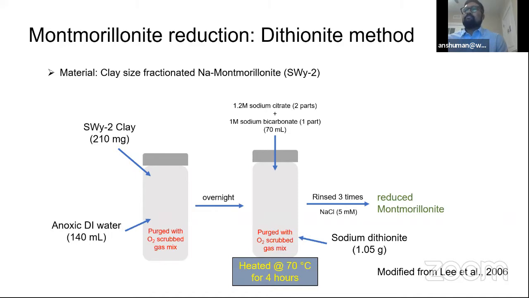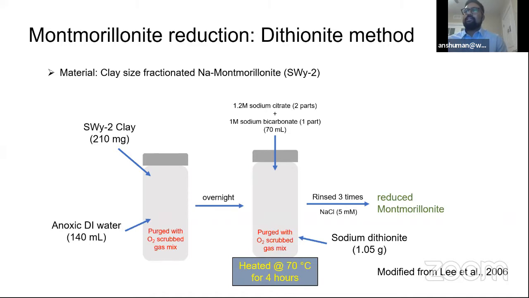We do all our experiments inside the glove box, which is basically an anoxic chamber with no oxygen, a mostly nitrogen chamber, where we purge the Montmorillonite suspension with an oxygen-scrubbed gas mix, mostly nitrogen, overnight, and then add the buffer materials, sodium bicarbonate and sodium citrate, and heat it at 70 Celsius for 4 hours.